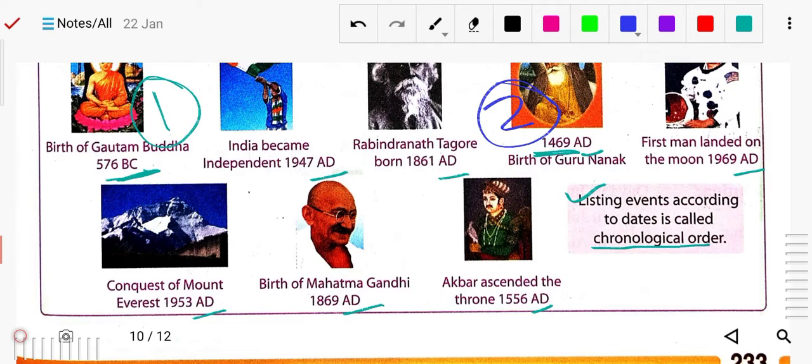Now for number 4, you can see 18, yes, this one is number 4. Number 5, which one will come? You can see 1869, so this 1869 will be number 5.